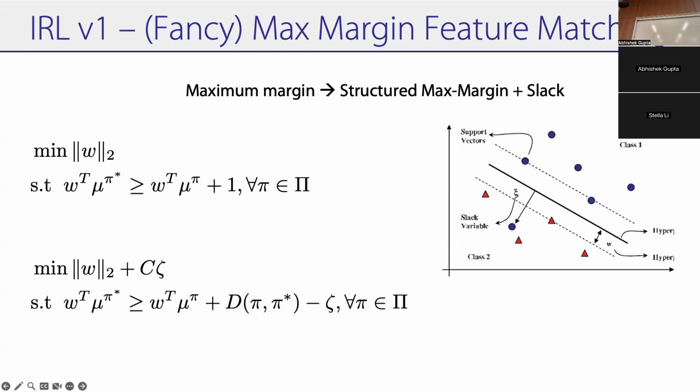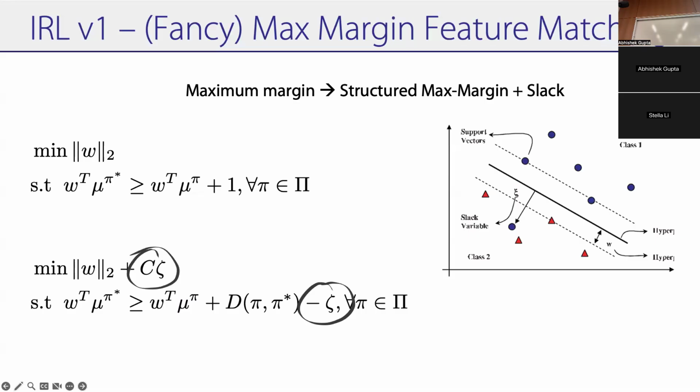You're allowing some encroachment into the margin. The margin is the difference between your classifier and all the points you're trying to classify. In case of some suboptimal demonstrations, I'm going to allow some other policies to be better than the expert, but I don't want it to happen a lot. So you allow some slack, but you penalize the amount of slack.